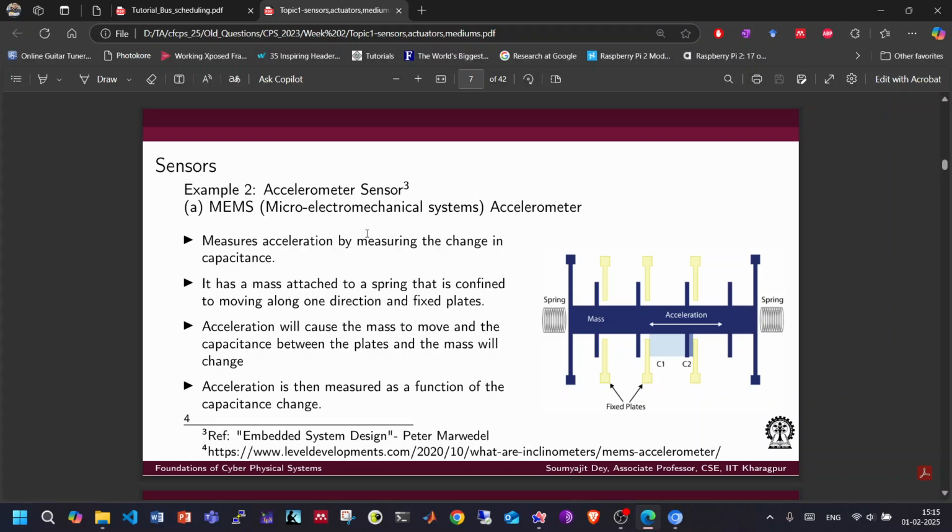The idea is basically that in the direction we are moving, we are letting a suspended mass move. Any idea what we call it? This is a standard term used in sensor making fields.